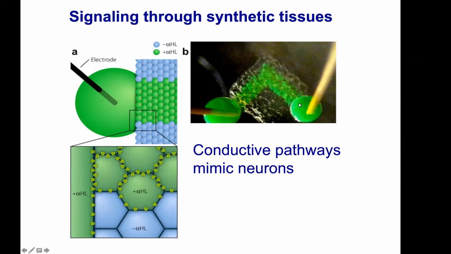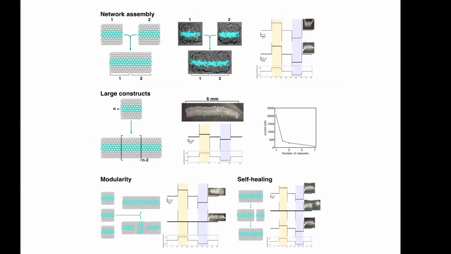So it conducts a signal very rapidly and directionally. And of course, this is what a nerve or an individual neuron will do by a completely different mechanism, but this serves the same purpose.